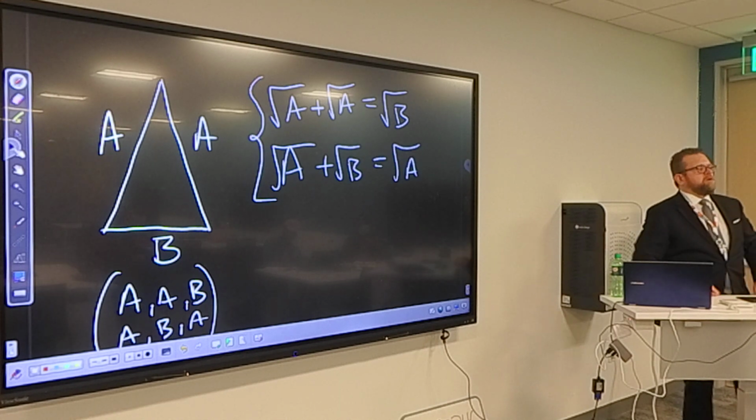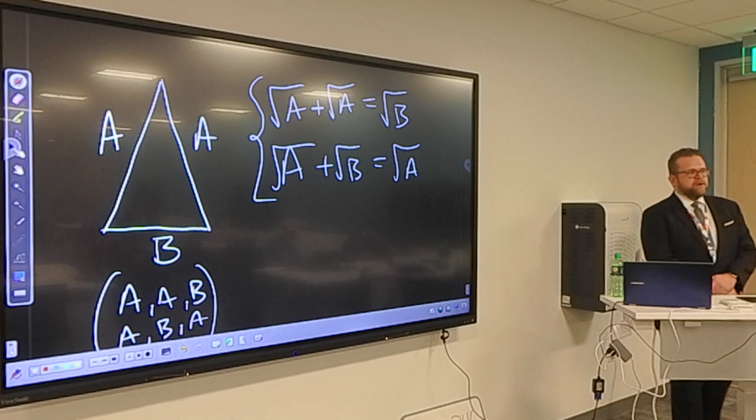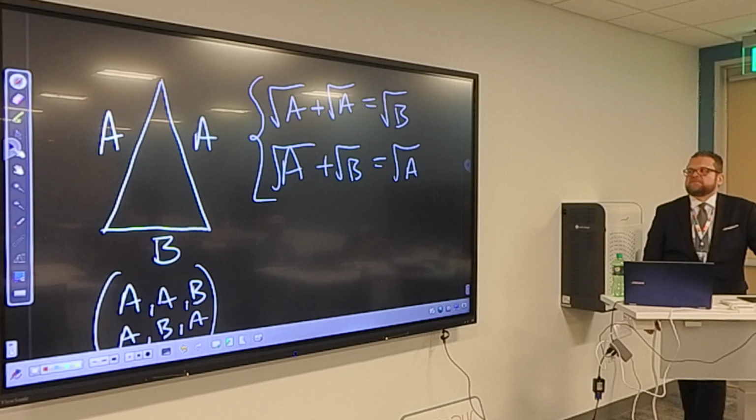This is a system of equations, and we want to know what A and B have to be to satisfy this system. Focus specifically on the second equation. This equation, I claim, is a property from week 1. And you can tell me what property it is.